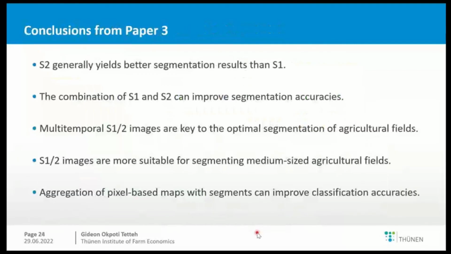The conclusions from the third paper are that Sentinel-2 generally yields better results than Sentinel-1 for segmentation, but the combination of Sentinel-1 and Sentinel-2 improves segmentation accuracies, and multi-temporal data is key to optimal segmentation. Sentinel-1 and Sentinel-2 are more useful for segmenting medium-sized fields, and aggregation of pixel-based maps with the segments can improve classification accuracies.